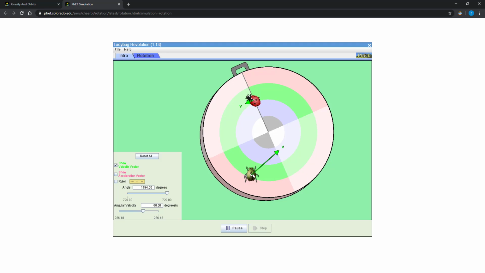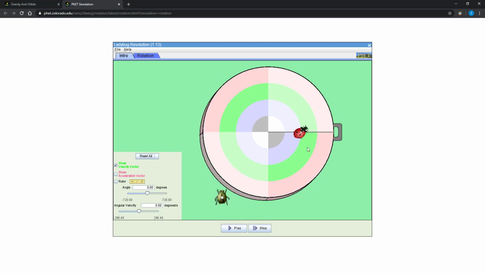Let's pause. Let me reset it. So okay, ladybug's still here. We'll put this other bug down below right here. So 2 units for the ladybug, 4 units of radius for that other bug.